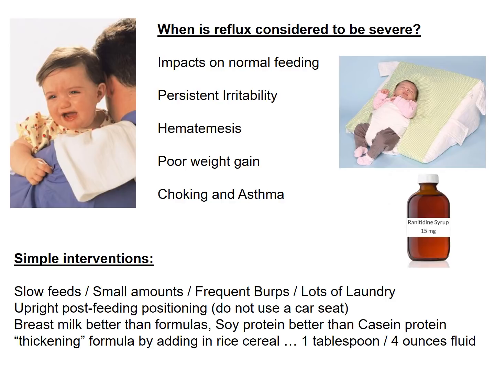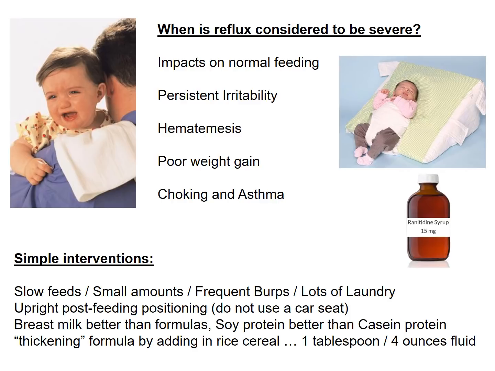Breast milk is usually better than the formulas. Sometimes soy protein formulas are better tolerated than the casein protein formulas. You can thicken the formula by adding in some rice cereal. So if you put a tablespoon of rice cereal into 4 ounces of fluid, mix that up well, make a larger hole in the nipple of the bottle so it can come through easier.